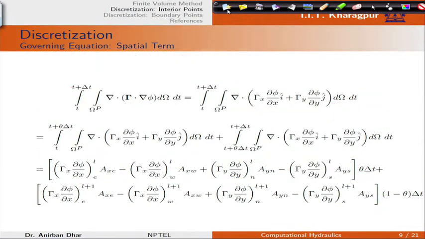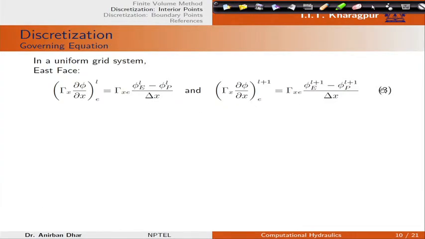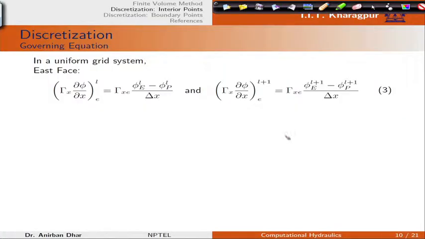So, with this, if we proceed for further discretization in a uniform grid system, this is our P cell, this is east, west, and this is our east face.